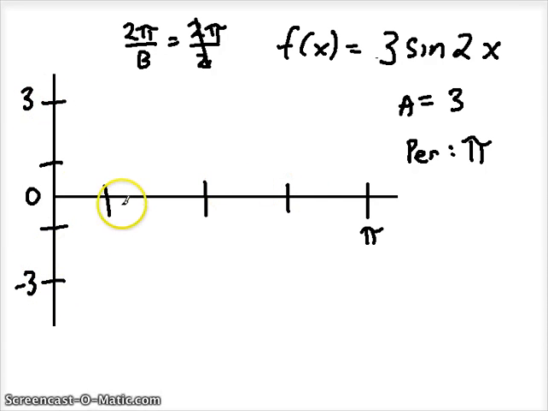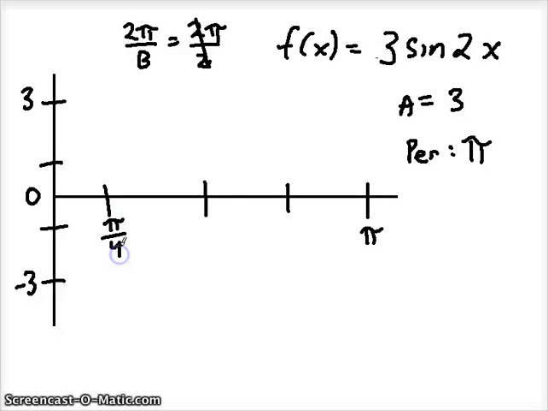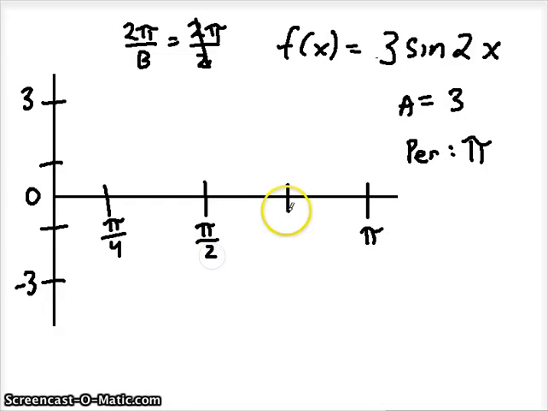Now I just need these last 3 key points. This is going to be a quarter of my period. So a quarter of 1 pi is 1/4 pi. Half of pi is half of pi. And 3/4 of pi is 3 pi over 4.